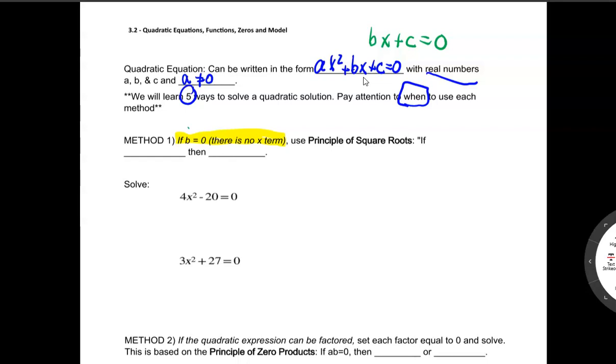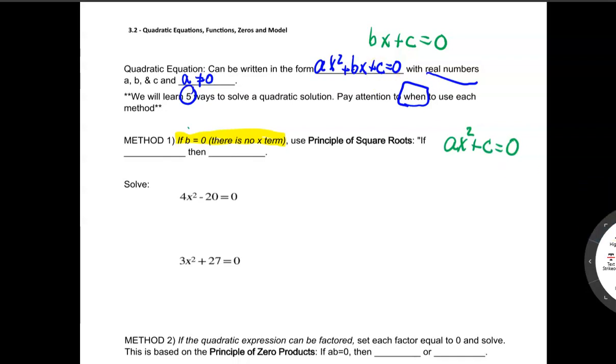In other words, if that number was 0, what would you be left with? You would be left with ax squared plus c equals 0. I left off the square. So that b term completely goes away, or that x term completely goes away. You have an x squared term and you have a constant. That's when you are going to use this first method.